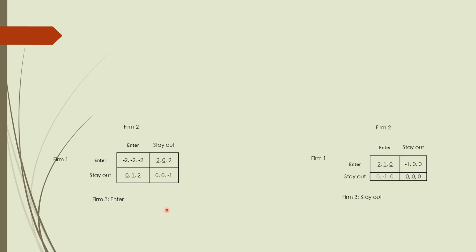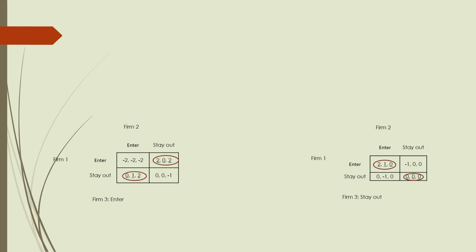Hence, form 3 decides to enter because he prefers 2 over 0. We can similarly find out form 3's best response for every combination of form 1 and 2 strategies. The best responses of form 3 are shown by underlining form 3's payoffs.